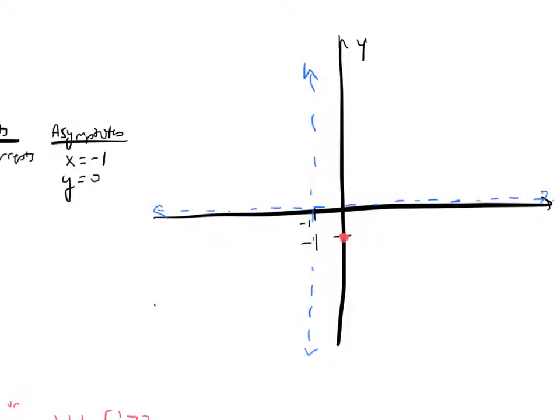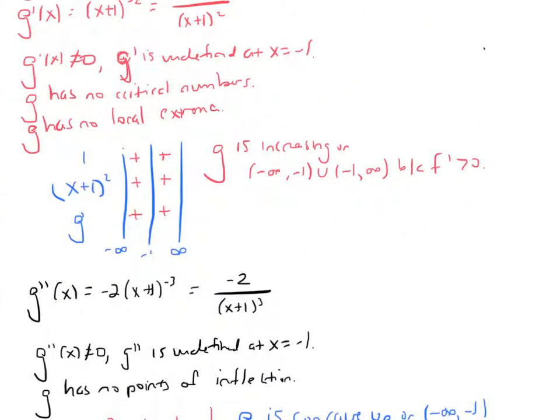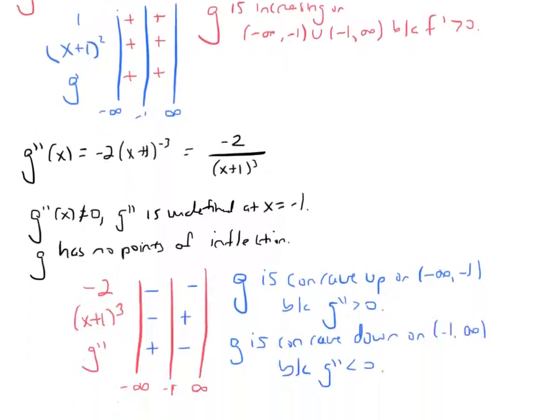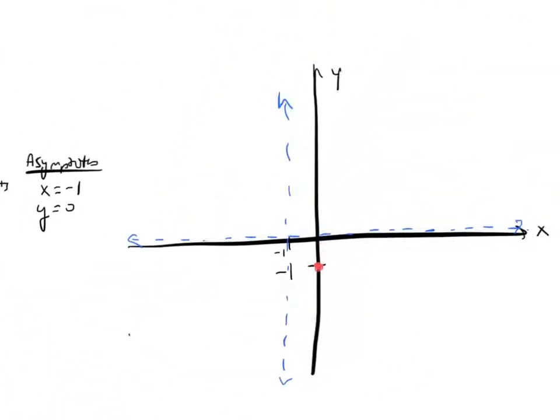Okay, so our graph, again, is always increasing because our derivative is positive, but we have to go from concave up to concave down at negative 1. So increasing concave up should look like this. Still increasing, but concave down should look like this, going through that point here.